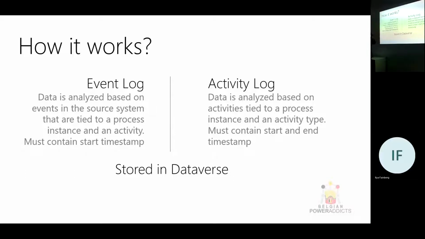An event log means that someone in the system did something related to a process. Let's take a case, for example. A case has a case ID, so we are working with a specific case. That data point is there.